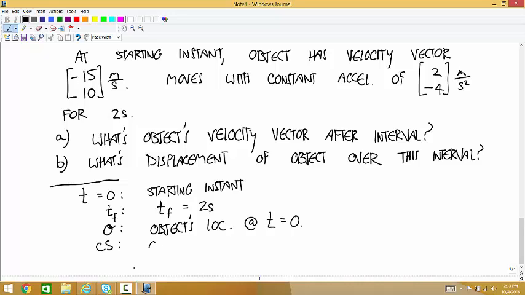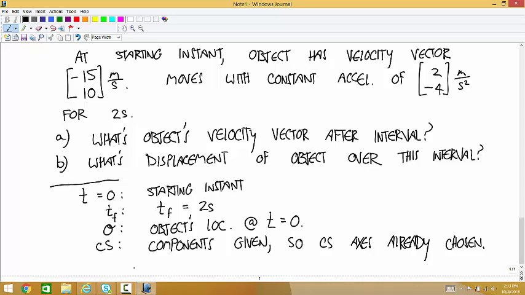So if the components are given, that coordinate system has already been chosen for us. And there's nothing else we can do about that or have to do about that. So the coordinate system axes are already chosen. So the rule is once you have vector components, the directions of those coordinate axes have already been defined.